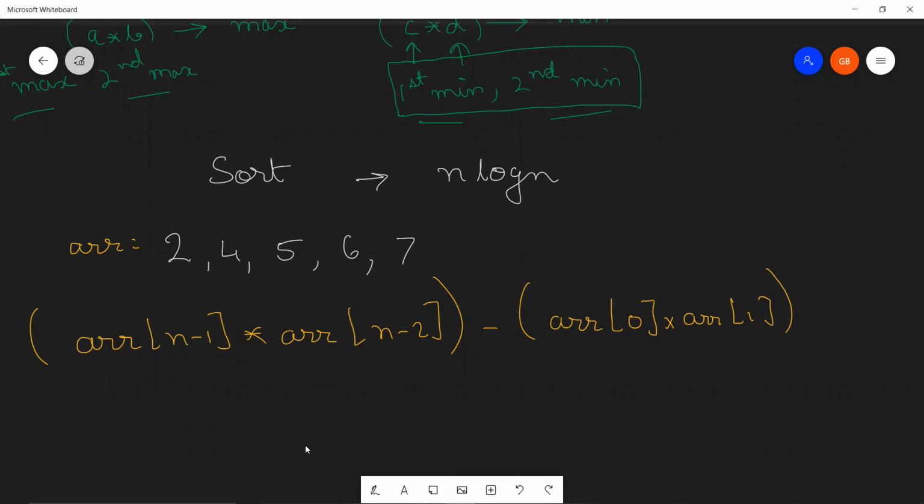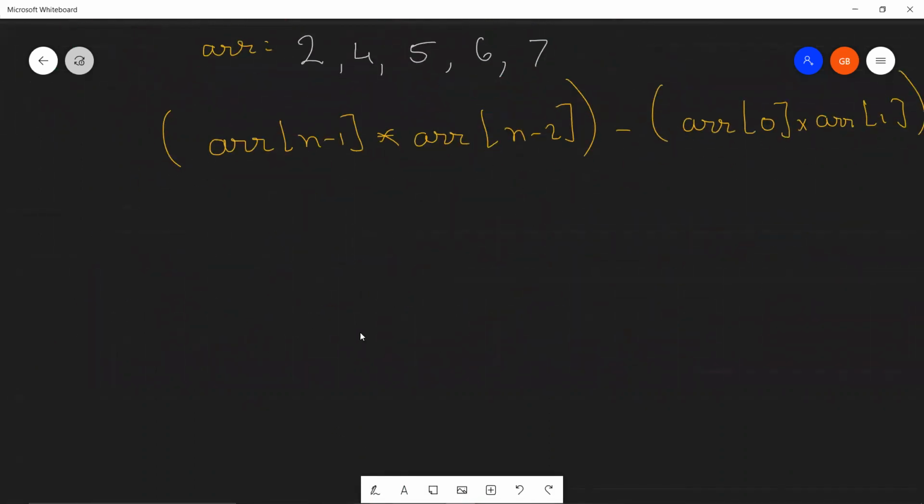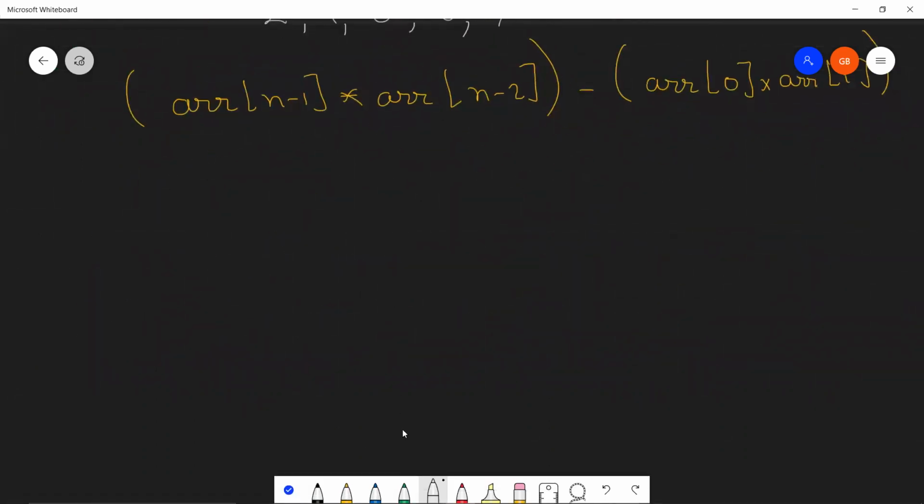Yes, there's an O of n solution, and that's very simple. I'm not going to write the entire code. It's a very common problem to find the maximum and the minimum, and similarly you'll be able to find the second largest and the second smallest element. The logic is very simple.